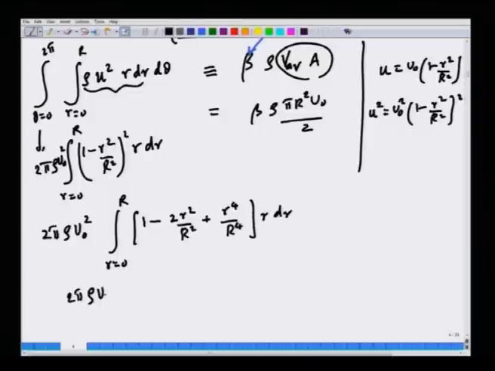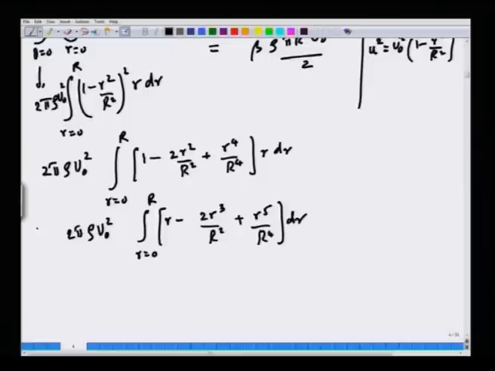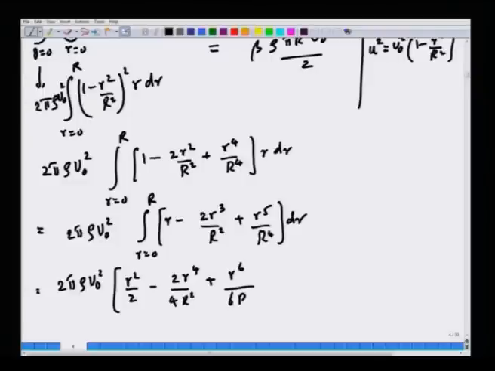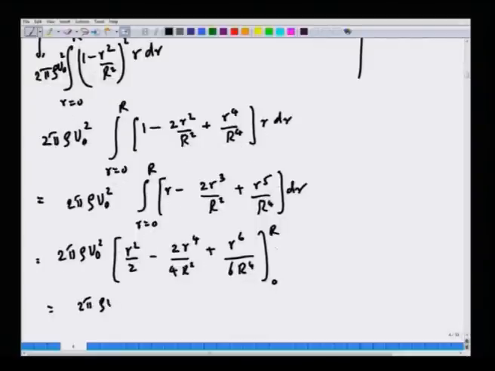So, 2 pi rho u naught squared. Let me multiply it through by r, giving r minus 2 r cubed by R squared plus r to the 5 by R to the 4, dr. If I integrate this, I get r squared by 2 minus 2 r to the 4 by 4 R squared plus r to the 6 by 6 R to the 4, r going from 0 to capital R. If I do this, 2 pi rho u naught squared, R squared by 2 minus R squared by 2 again plus R squared by 6.